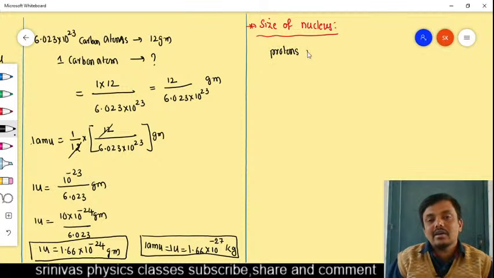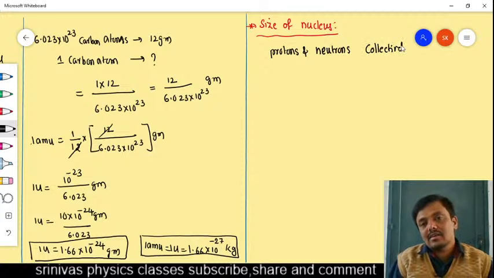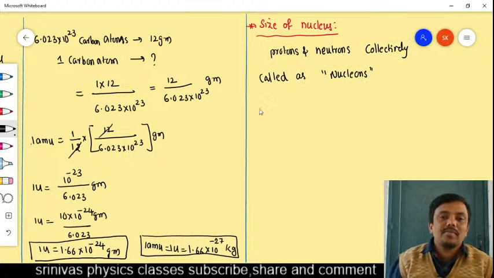Protons and neutrons collectively called as what? Nucleons we can call them.